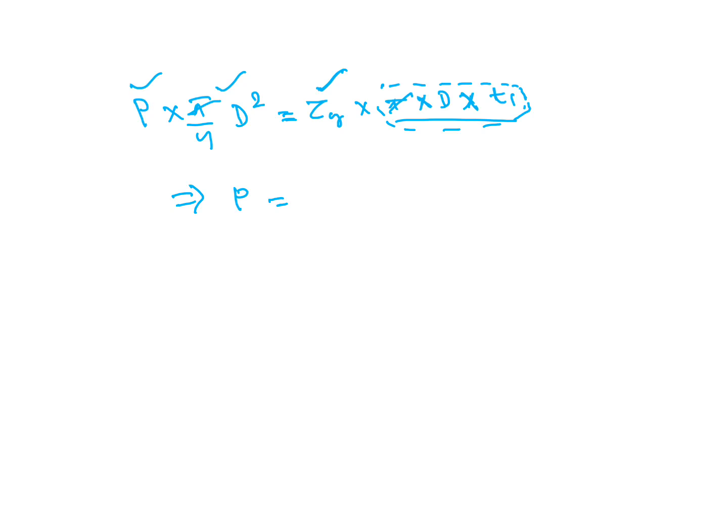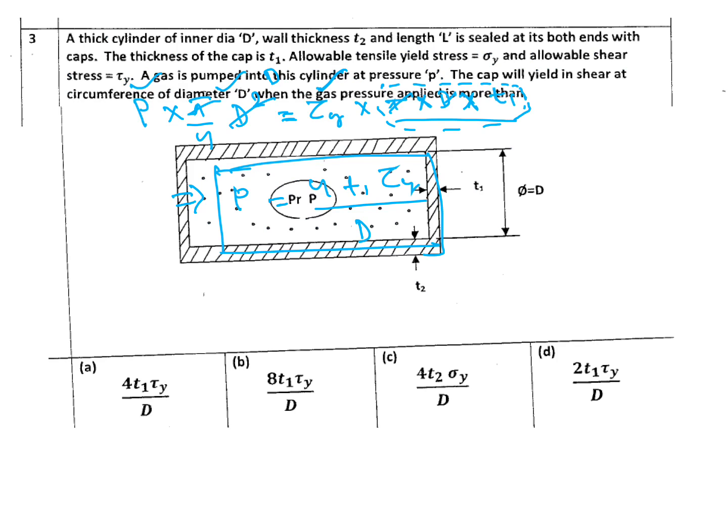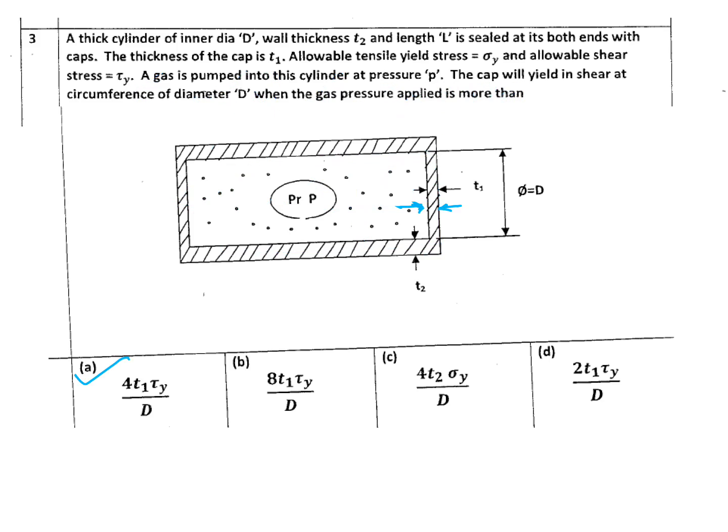Pi cancel, d square d, will get 4 t1 tau y by d. This one you will get from option, 4 t1 tau y by d. A is the answer.